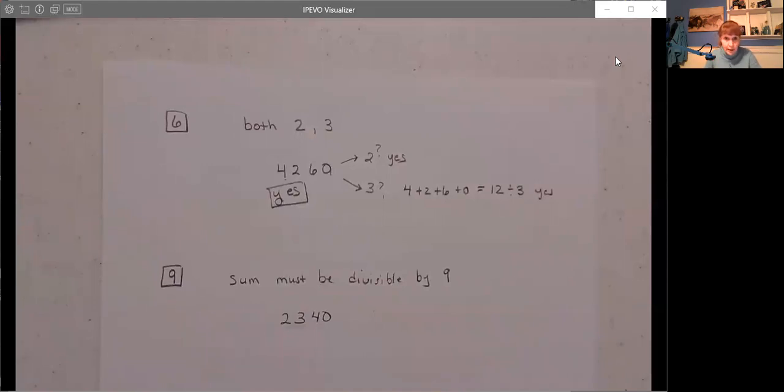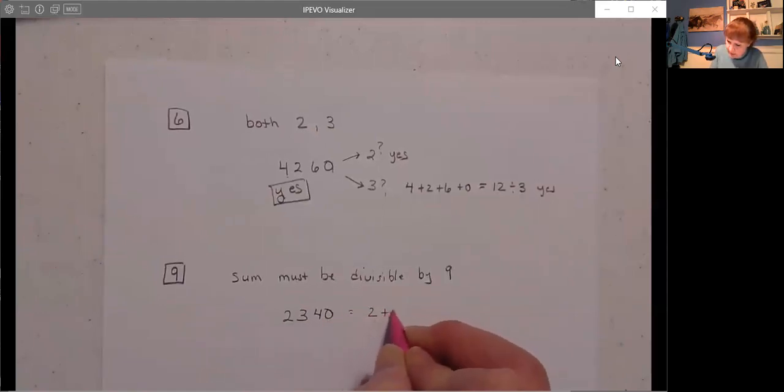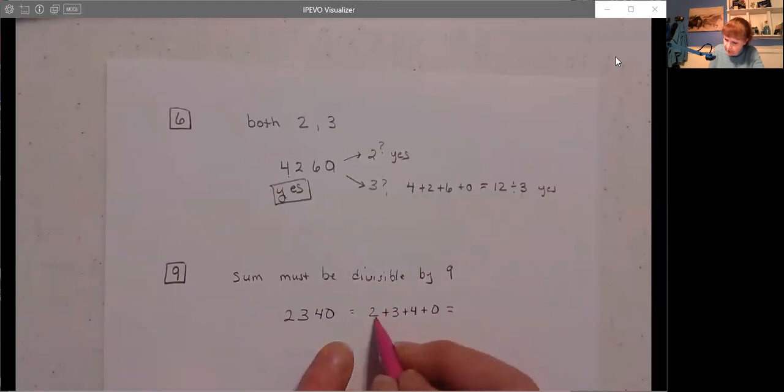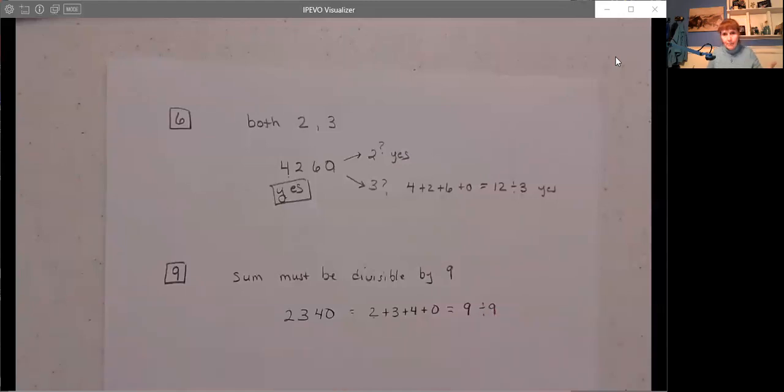Well, let's go ahead and we're going to add up the digits. So we're going to take 2 plus 3 plus 4 plus 0. So for both the 3 and the 9, you've got to add up the digits. Here you get 5 plus 4 is 9. Well, 9 is divisible by 9. You get 1.